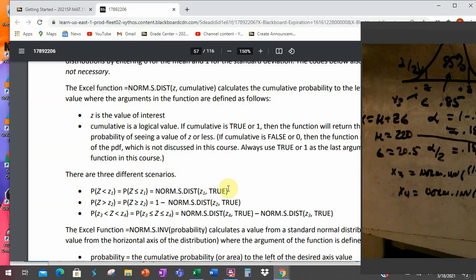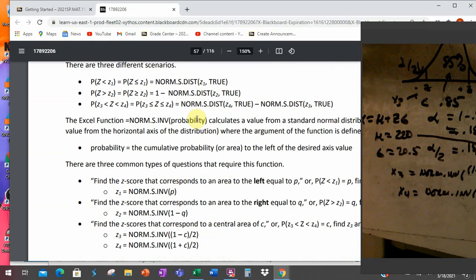When it's the s, so instead of norm.dist, norm.s, you're not going to give it your mean and your standard deviation, and it says, here's the z-score. It's going to use the mean as 0 and the standard deviation as 1, okay? The same thing as the inverse. You do not have to give it your mean and standard deviation because it's working with a mean of 0, standard deviation of 1.